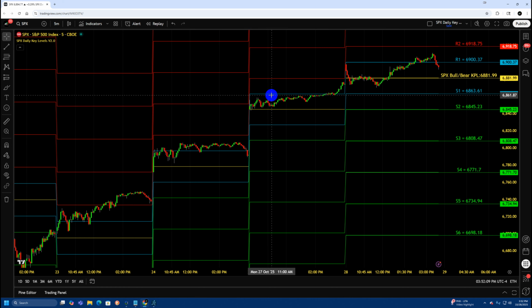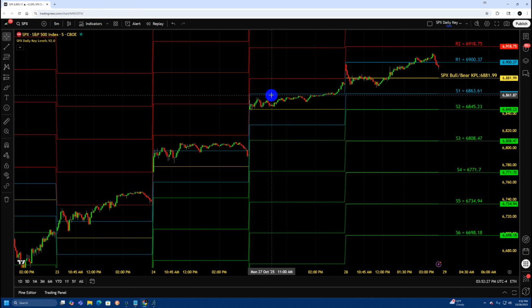The point in doing that is to get an idea of the risk reward you would be looking at if you wanted to take a bullish or bearish play off of one of these other main R or S levels.